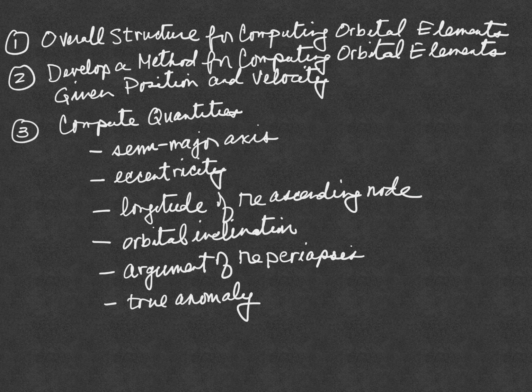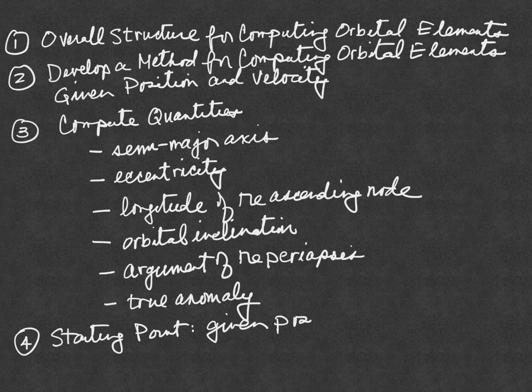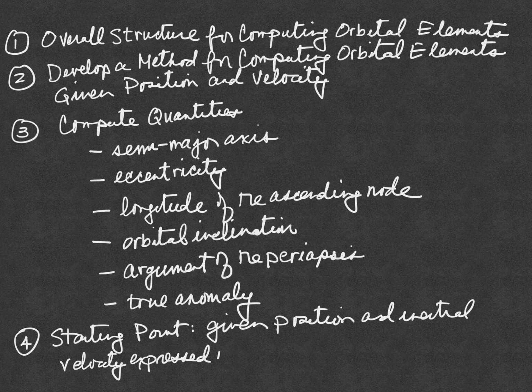Now, what's going to be really important in this lecture, and this is the starting point, is that we are given position and inertial velocity expressed in Earth-centered inertial coordinates.